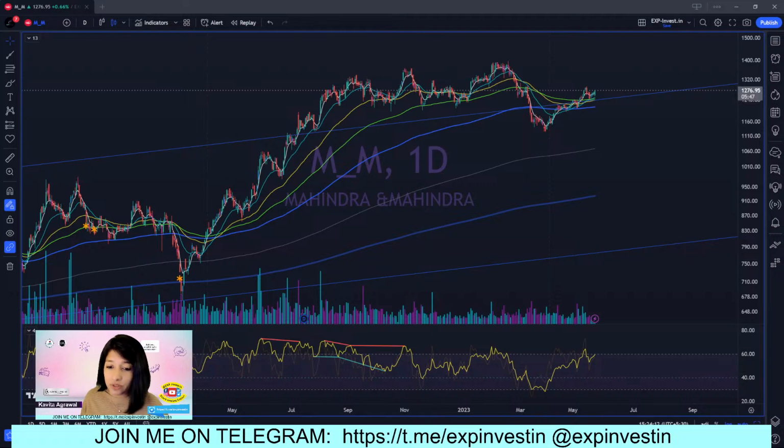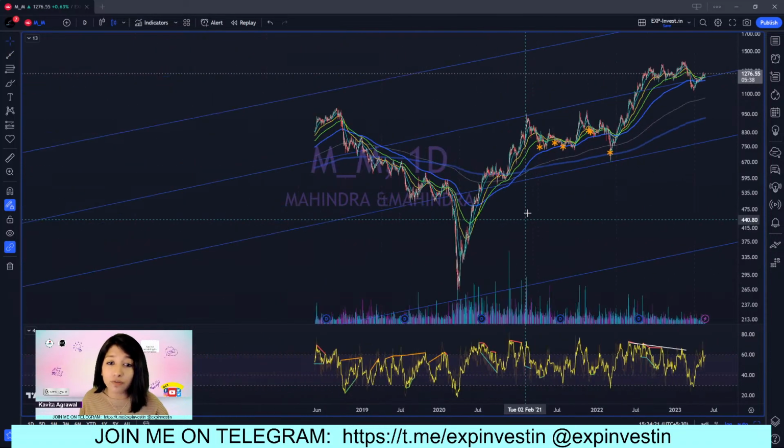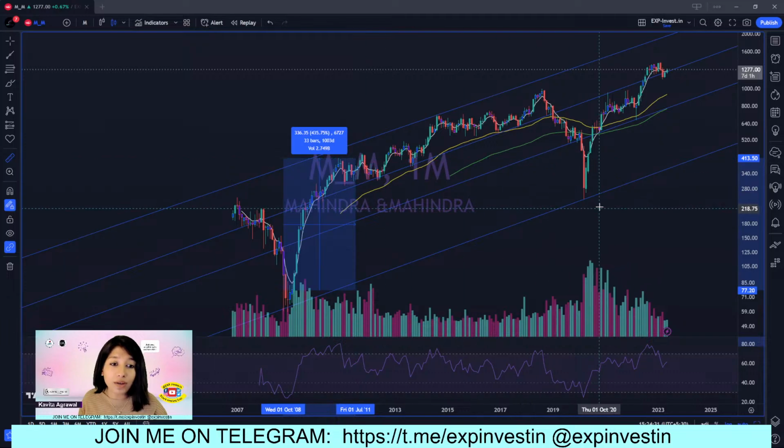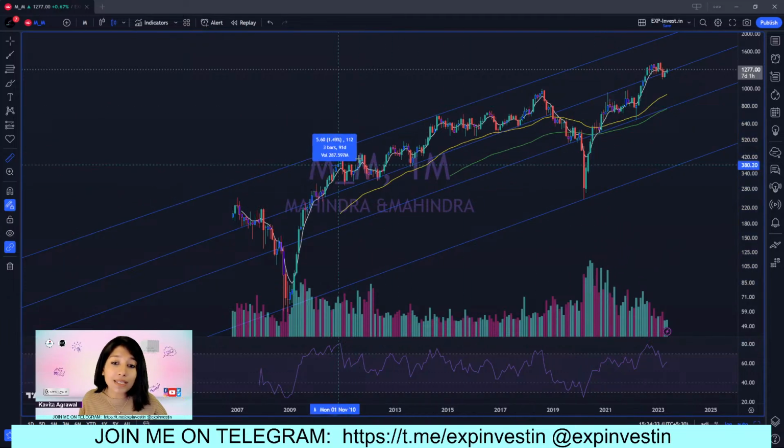Another observation on the daily time frame is that there are multiple negative divergences which are kind of worrying. And another observation that you should be able to make on the monthly time frame is that Mahindra and Mahindra is a stock which has a tendency to give strong rallies but also has a tendency to give prolonged consolidations.